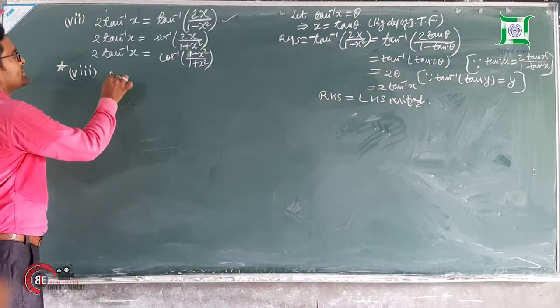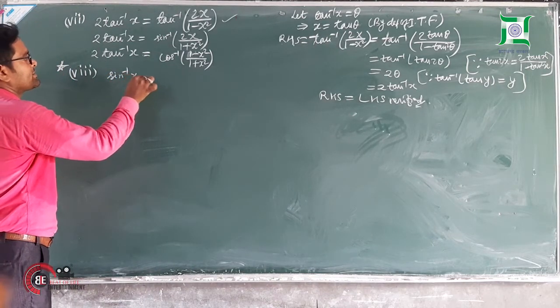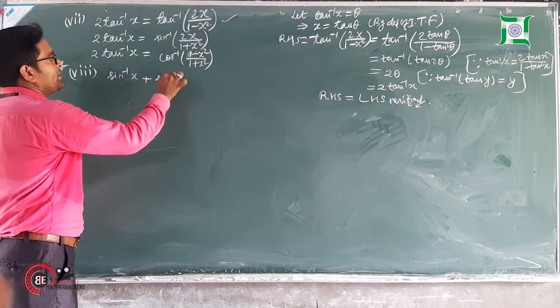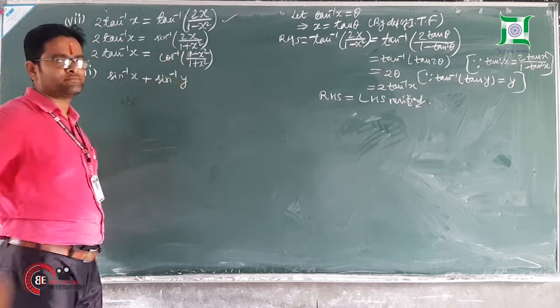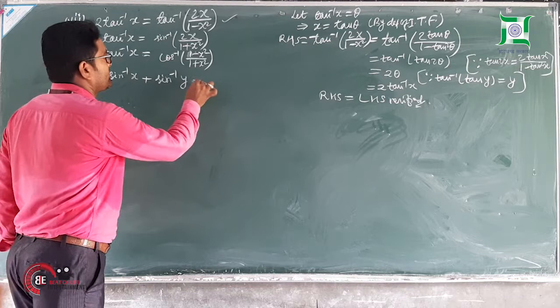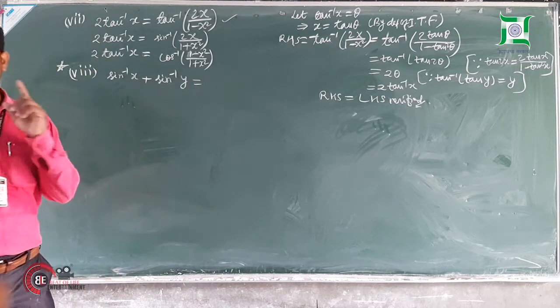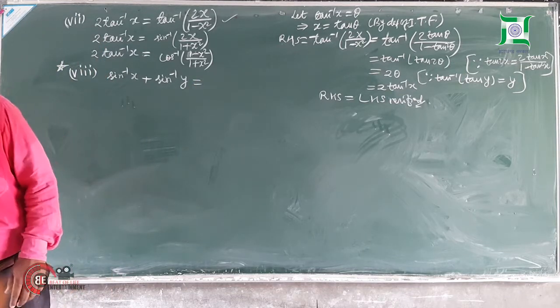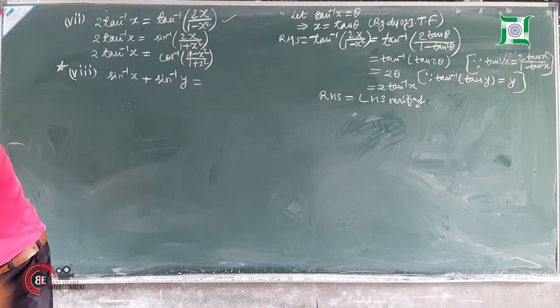It is sine inverse x plus sine inverse y. See this. Unless and until it is urgent, don't use this, because without using this formula also we can solve all the questions. Let us see.